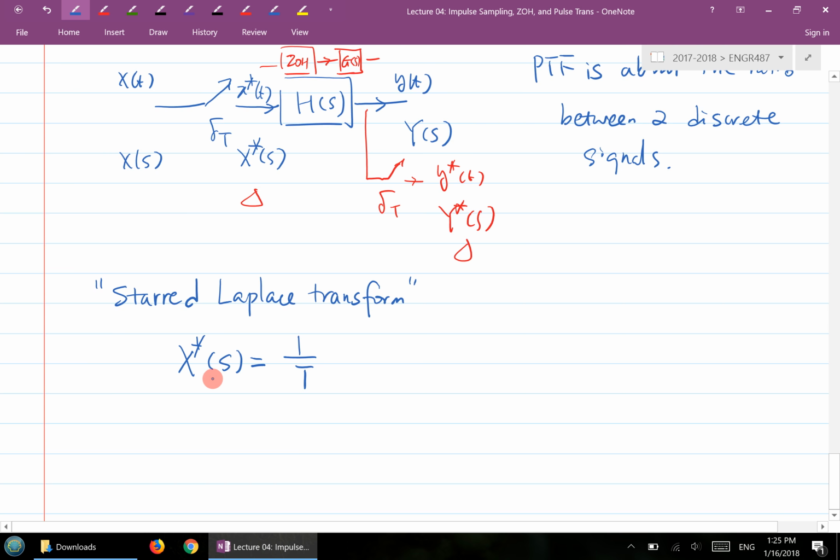The connection between the original Laplace and star Laplace is this expression. This is your connection between the original X of s and X star of s. And you can change this symbol X to any symbol. So that functions as a definition for the so-called star Laplace transform. You give in any s function, you place the Y here. Then what's that Y star? The same thing.